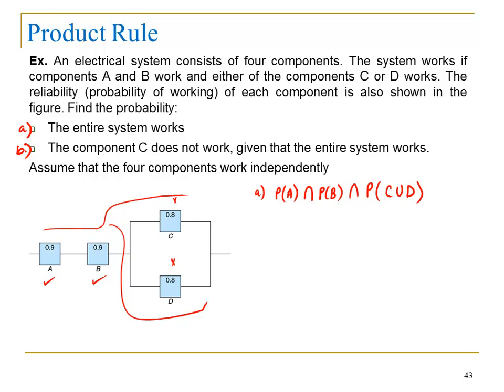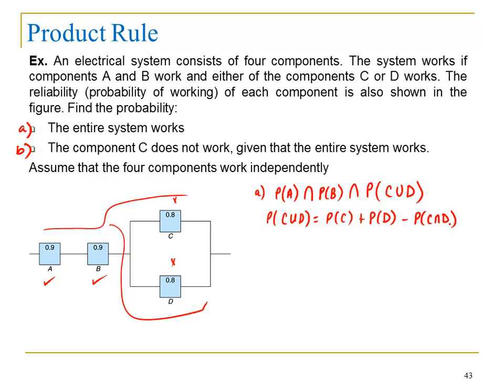So we need to find out a way to get that information. So we know that the probability of C union D equals the probability of C plus the probability of D minus the probability of C intersection D.